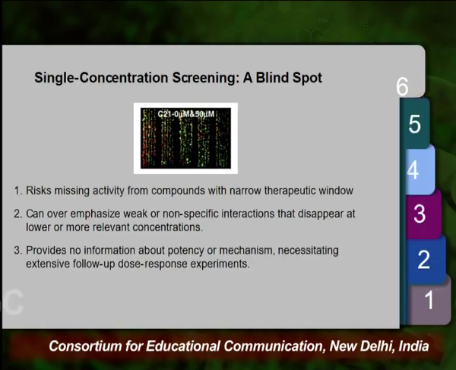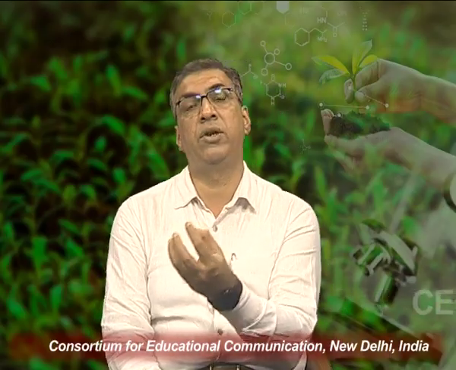If the extract is evaluated at a specific concentration which has a sufficient amount of the active molecule, then that extract will exhibit activity, otherwise it will not and we may lose that particular active compound. So, these were a few of the problems or challenges which one faces while handling natural products in HTS.